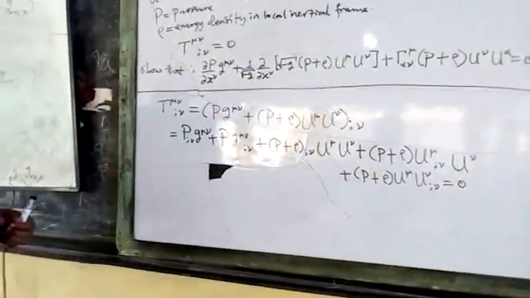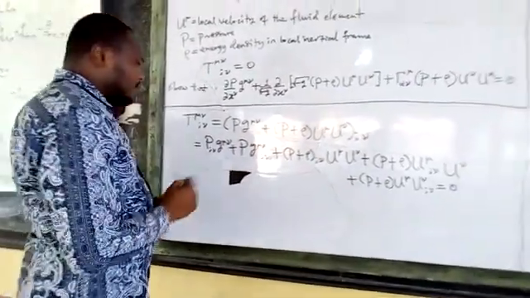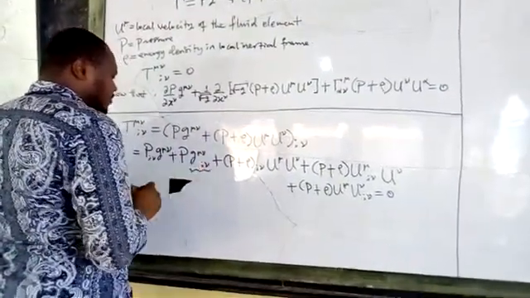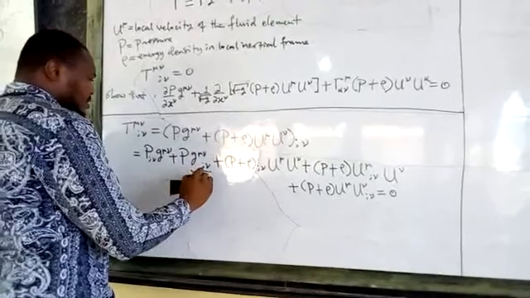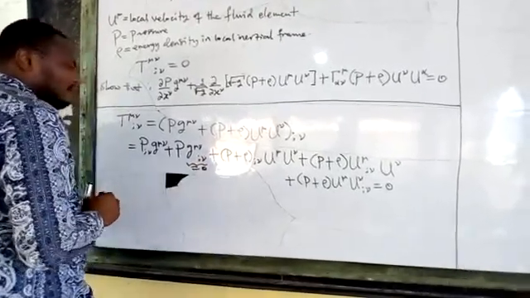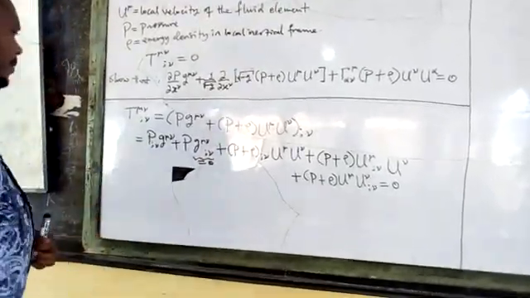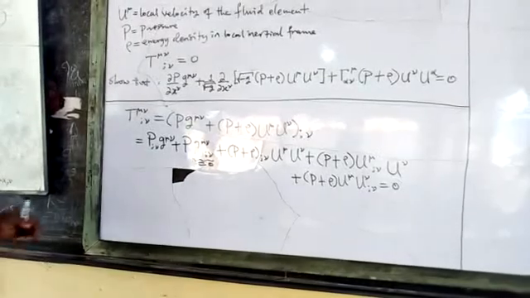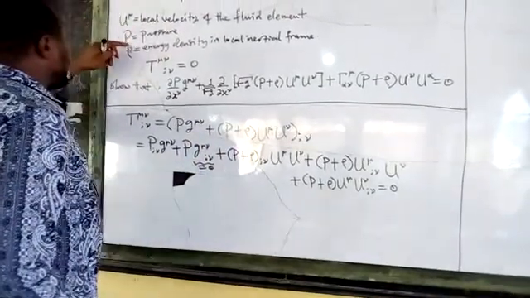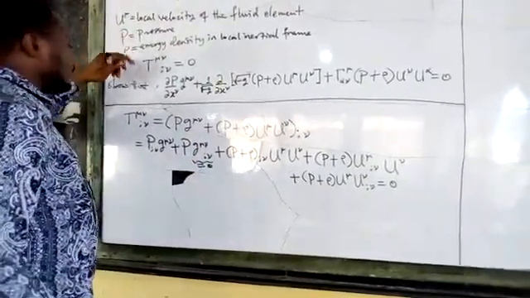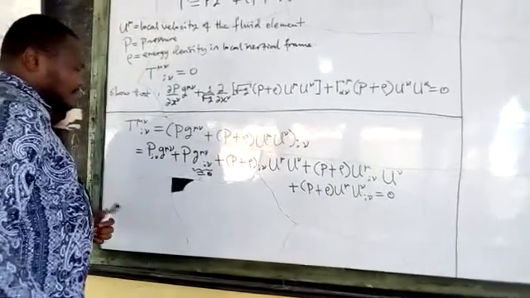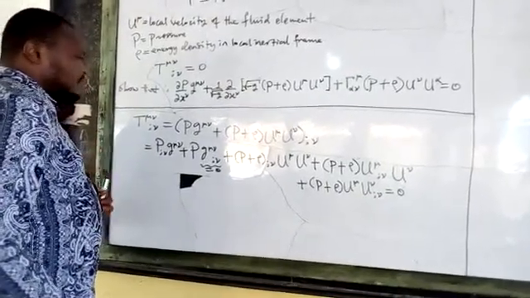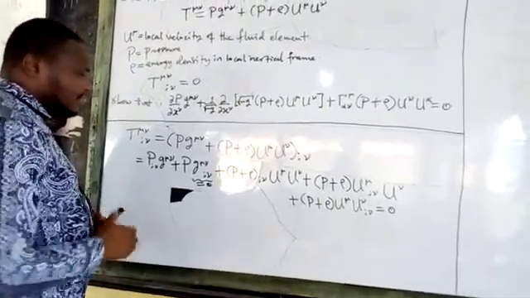Very quickly, we make some very interesting identifications. We know that the covariant derivative of the metric tensor is always 0, no matter what kind of metric tensor you're talking about. In general, that is 0. And we have taken note that this is a pressure and this is some energy density, so these two functions are scalars. Their covariant derivative will be the same as just the ordinary derivatives.